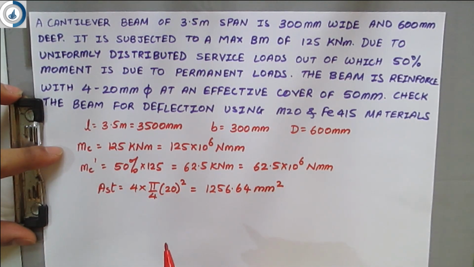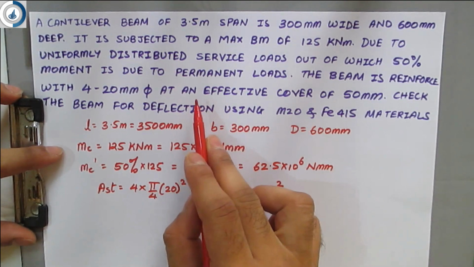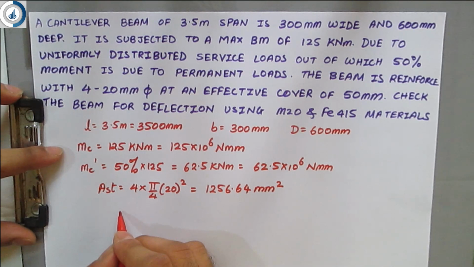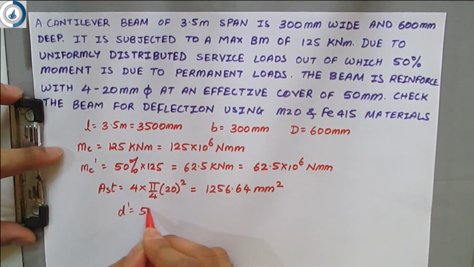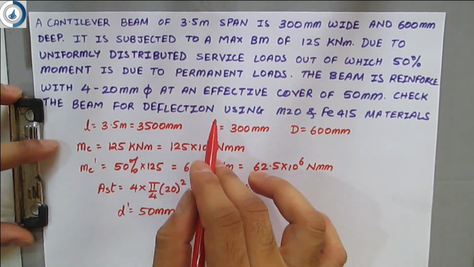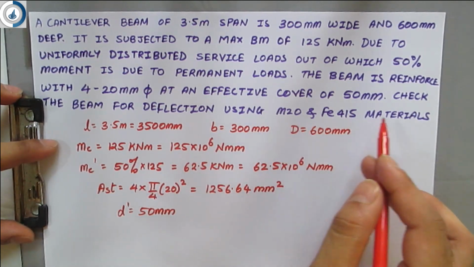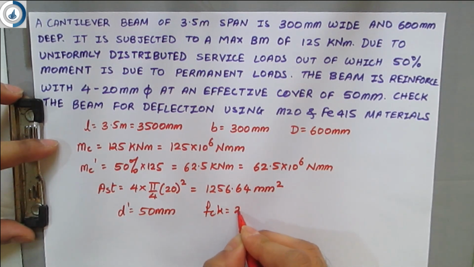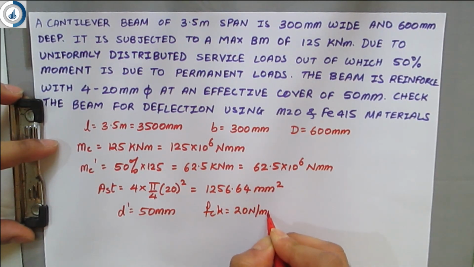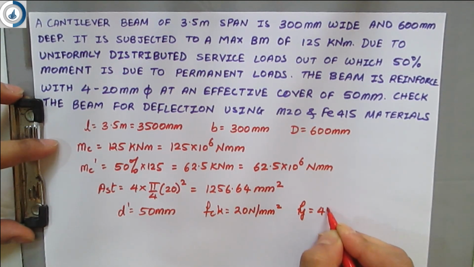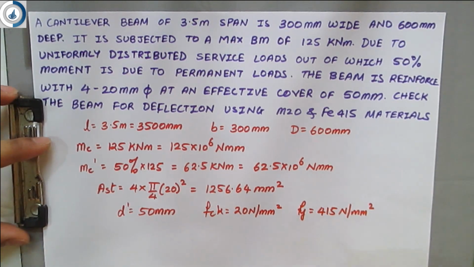This is the Ast given, and it has an effective cover of 50 mm, so d dash is equal to 50 mm. Then check the beam for deflection using M20 and Fe415 materials. So fck is 20 Newton per mm square and fy is equal to 415 Newton per mm square. So these are the given data.